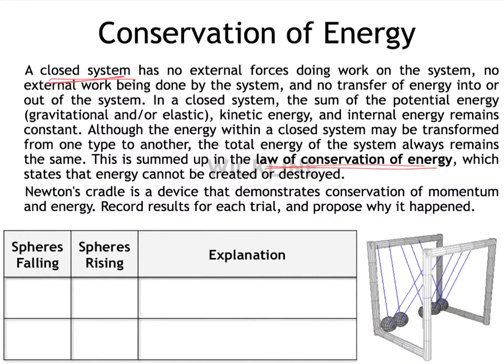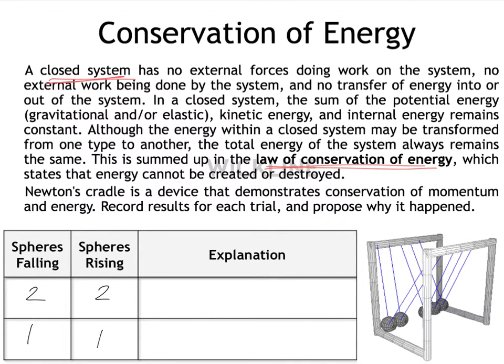But one of the things that's surprising about it is that if you lift two up, then two will go off the other side when they're collided with. If you only lift one up, then only one will come off the other side. So I guess that's what I'm getting at here. If you have two spheres falling, you'll have two spheres rising. If you have one sphere falling, you'll have one sphere rising. And the explanation for that has to do with energy being conserved.